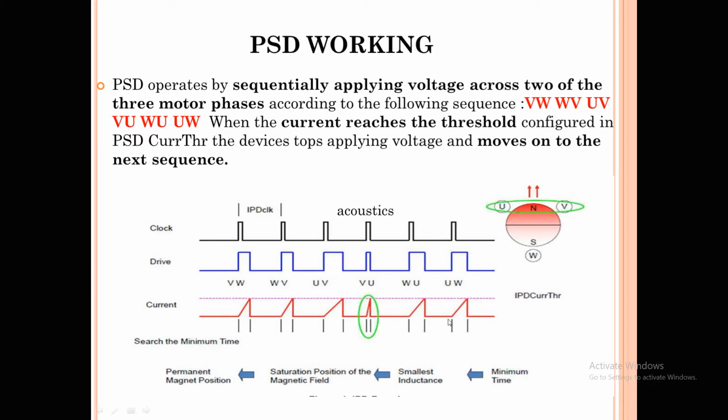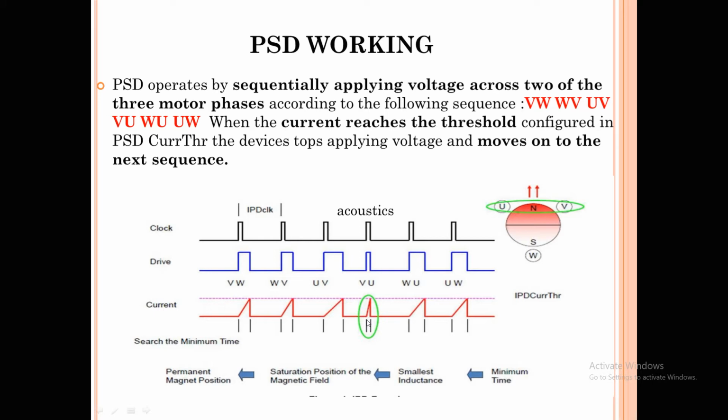If you select a lesser value, the motor will get saturated very easily, and in that case the motor might not be able to work. So you have to select a proper current at which the motor can take a proper startup. We select it by a hit and trial method, based on the motor, to find the value at which the motor starts perfectly.